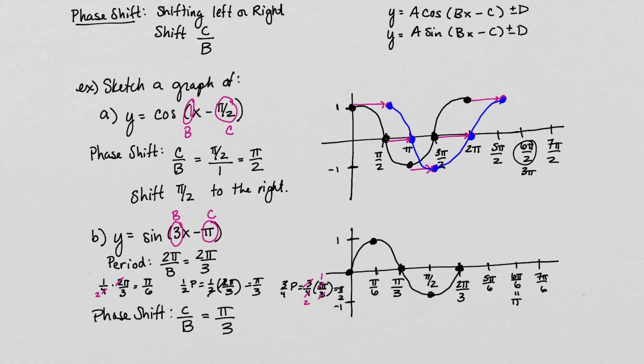And so now I'm in a position where I can slide this graph to the right. Each of these pieces moves to the right pi over 3, which means it moves 2 slots. So this first one moved 2 slots to here. This second one moves 2 slots to here. The dot that was here moves 2 slots to here. This point moves 1, 2 slots to here.